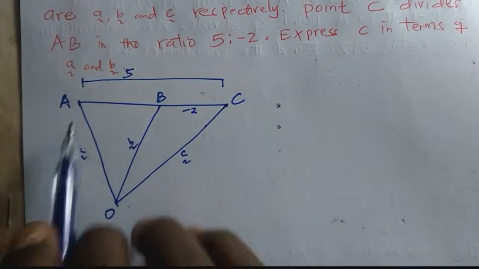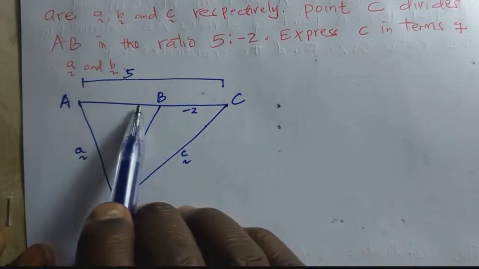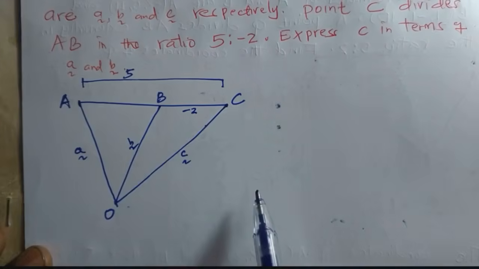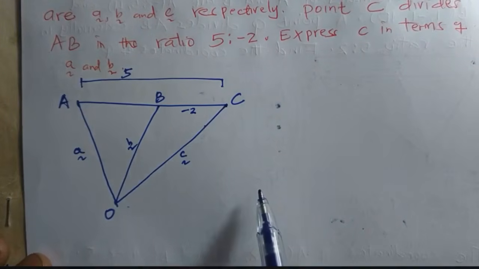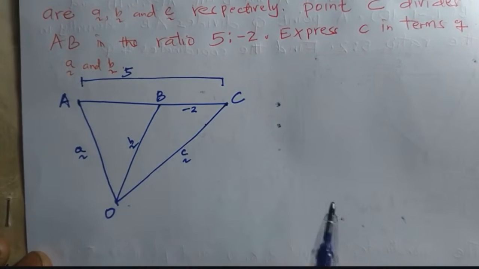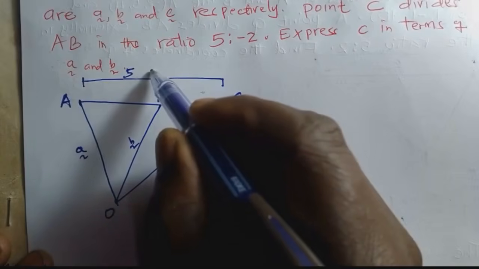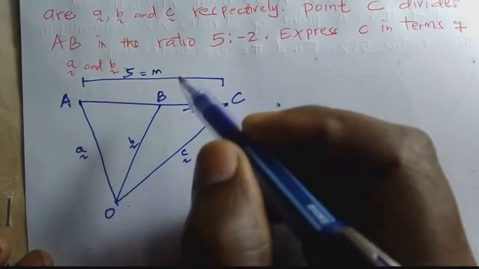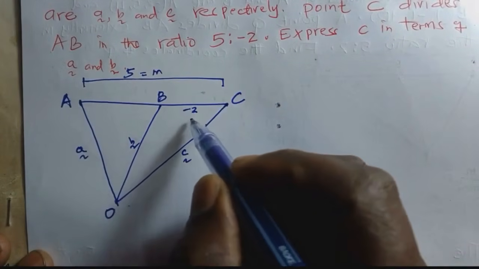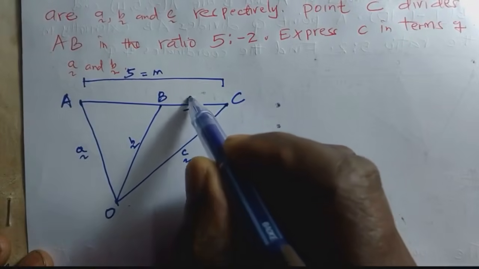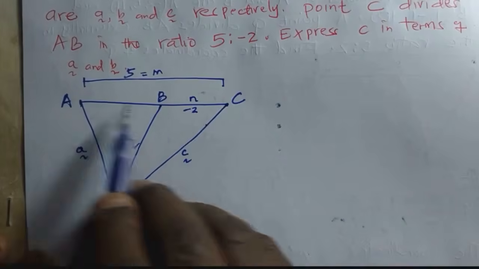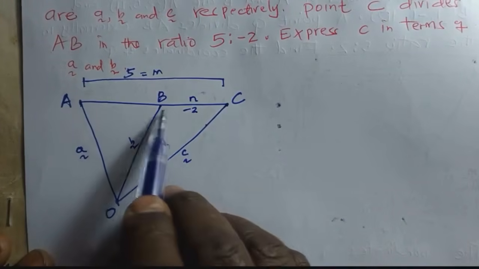If this is positive, this coming back is negative. That's why we have -2, and that is external division. So remember the ratio theorem. If I say this one is our M, then this one is going to be my N, because from here up to here is M, from here up to here is N.